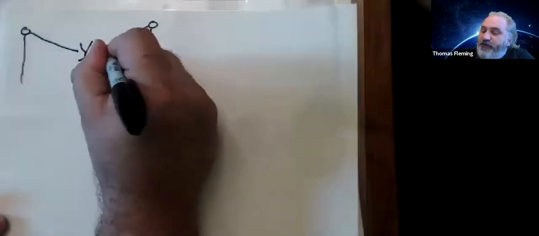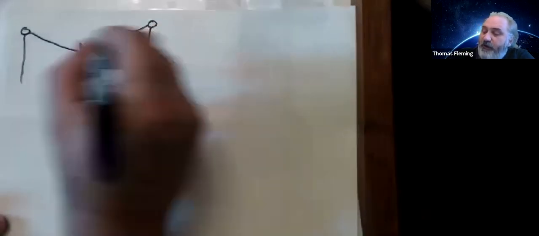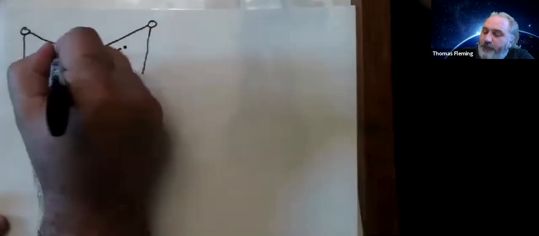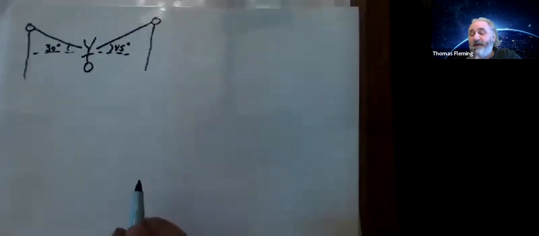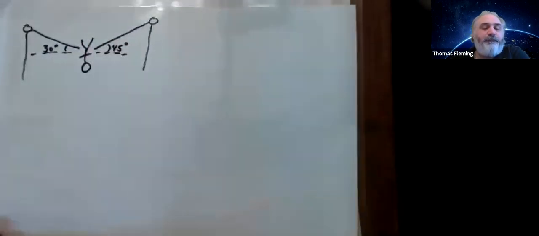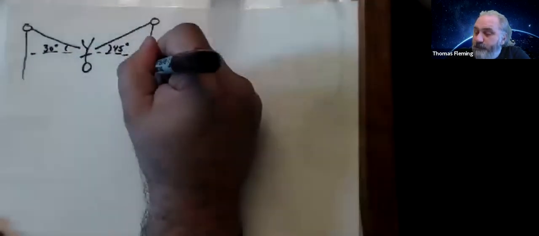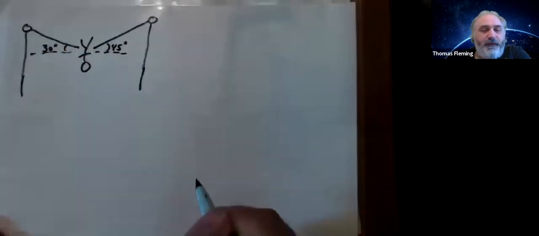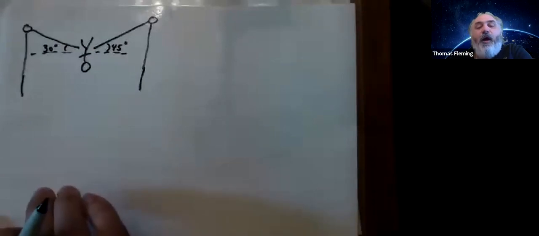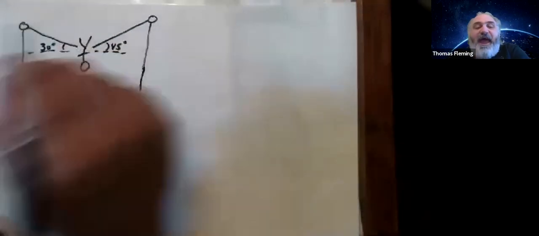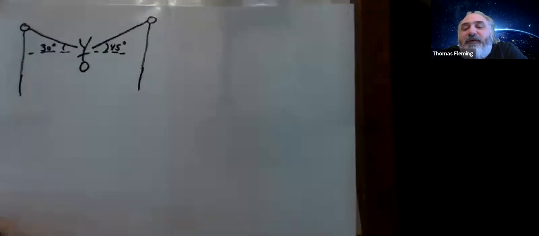Let's say this angle over here is 45 degrees, but this angle over here is a little shallower, 30 degrees. And this guy is hanging in midair. Make those poles a little tighter so he's not touching the ground. And what I want to do is figure out how hard each of these webs has to pull to keep that criminal from falling to the ground.